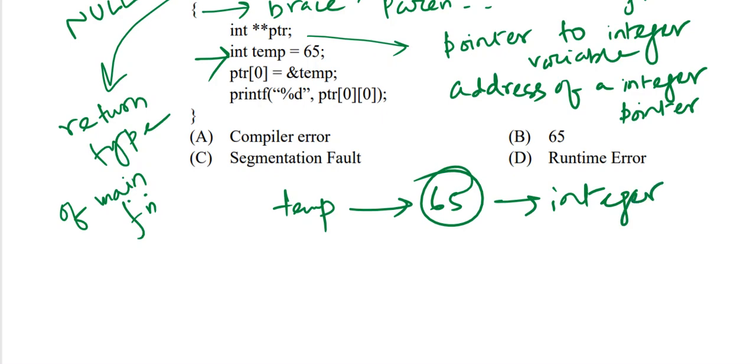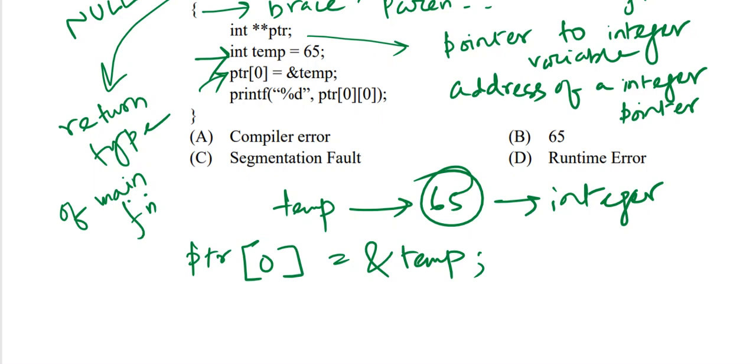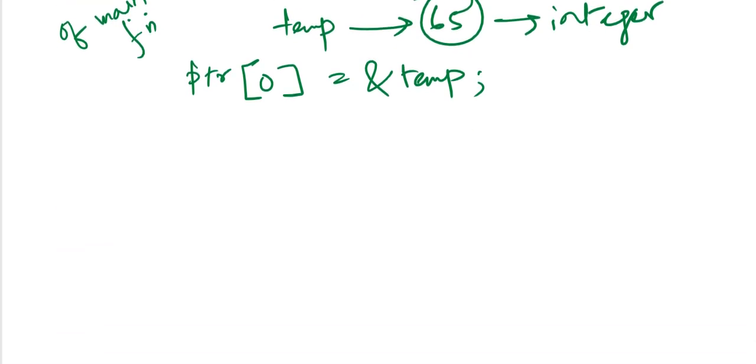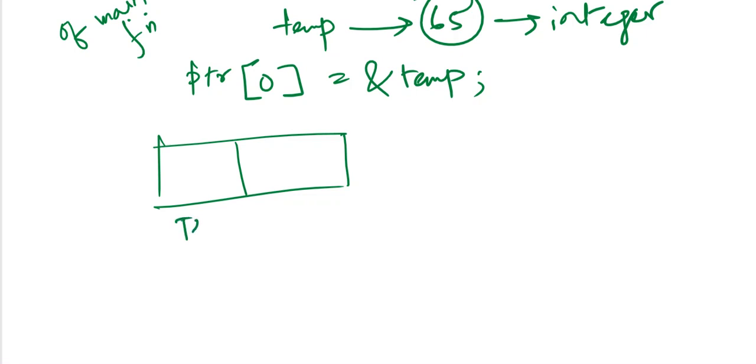Okay, and in this step, ptr[0], that means array pointer of 0 address, will store the ampersand, meaning address of the variable temp. Let's say, as an example, the value of the temp variable is 65.